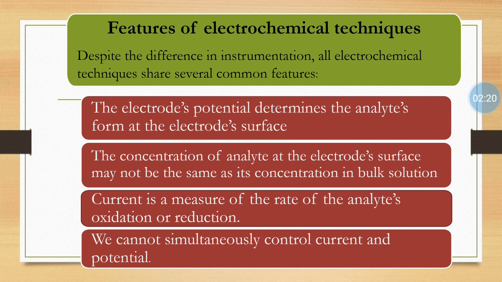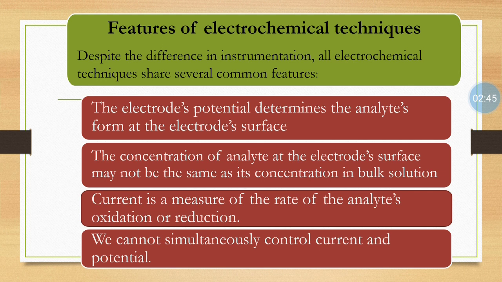Now we shall talk about certain features of electrochemical techniques. In all techniques, we use different types of instruments. However, there are certain common features, which include: the electrode potential determines the analyte's form at the electrode surface.